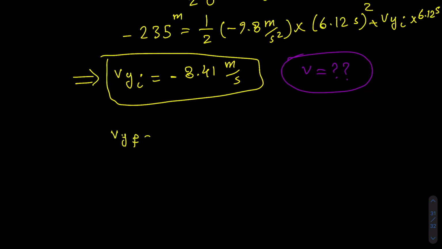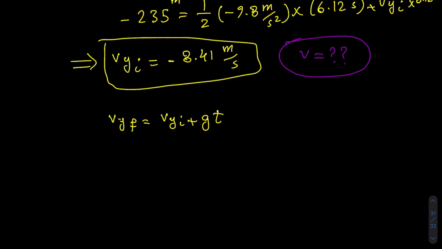Vy final, I just write f to mean final point when it lands. So v sub yf, this is the way we read it, is equal to v sub y initial plus g t. This is the kinematic equation towards the vertical axis, right?